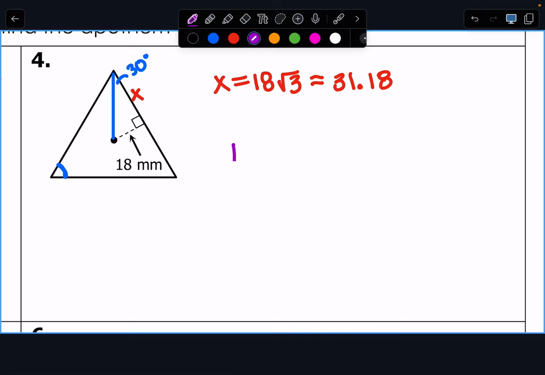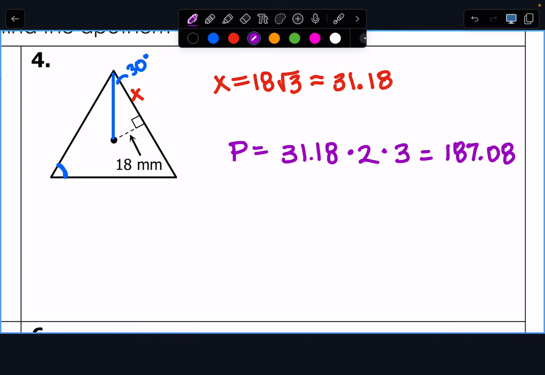Okay, our perimeter. How many 31.18s? There's 6. We need to double it to get one side. Then there are 3 of those. So our perimeter really is 187.08?